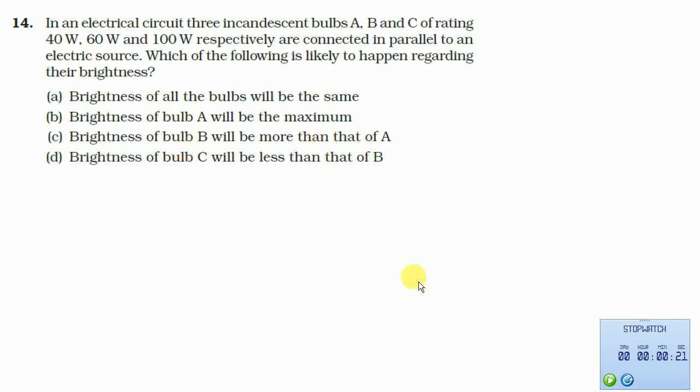Next question. Read the question for 2-3 seconds. In an electrical circuit, 3 incandescent bulbs A, B and C of rating 40 watt, 60 watt and 100 watt are connected in parallel to an electric source. Which of the following is likely to happen according to the brightness?